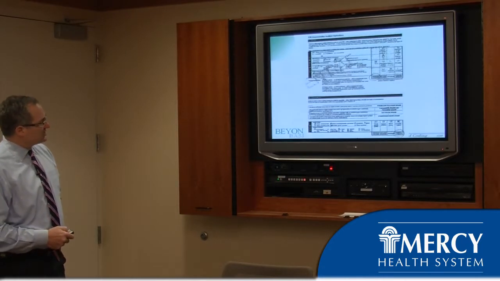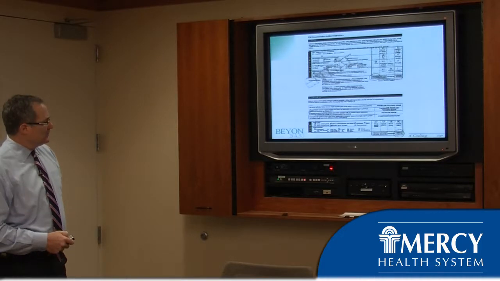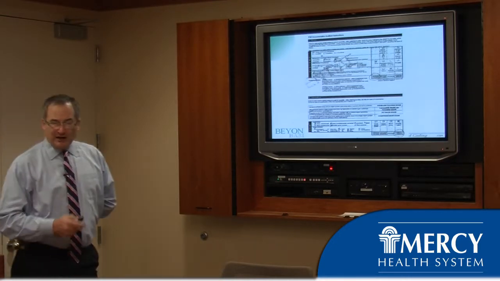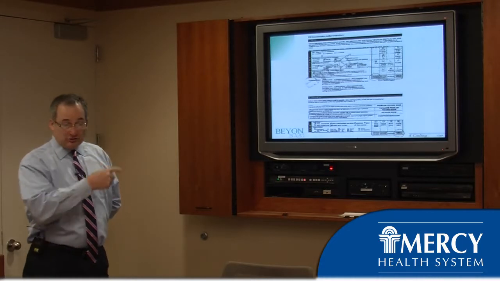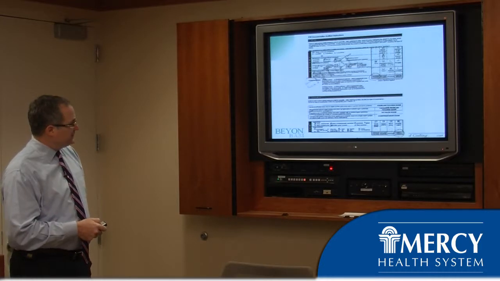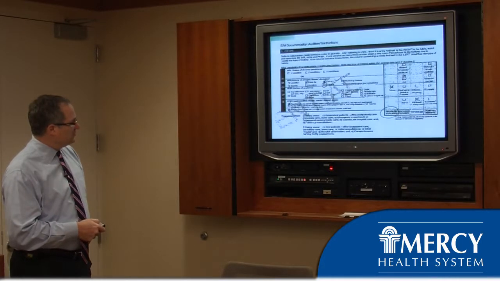Okay, this is just an example of one Medicare carrier that built an auditor's worksheet off of the documentation guidelines I just showed you. So they go through and score the chart, and they come up with the scoring value on each of the components.